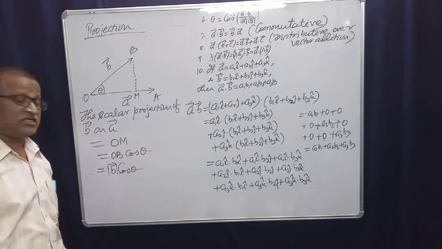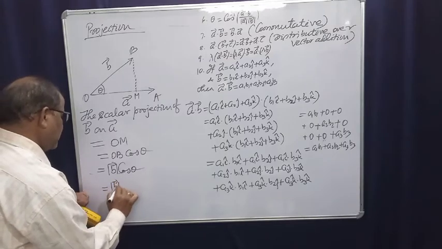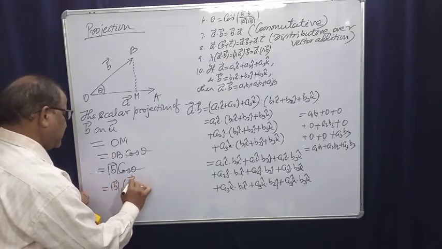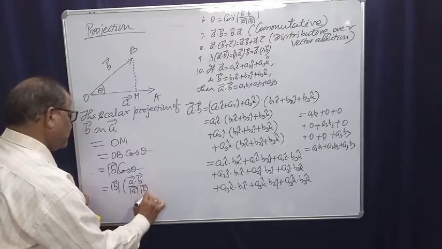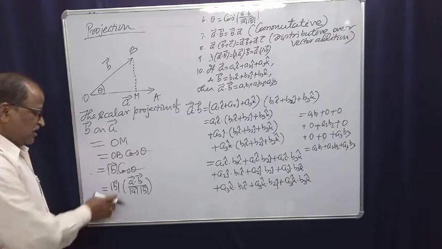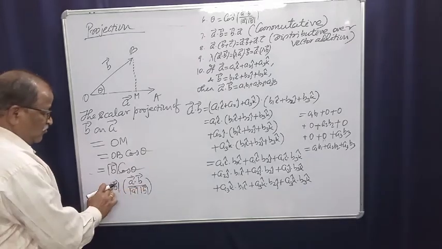But what is cos theta? We have already read it: A dot B by magnitude of A into magnitude of B. Now these are scalar quantities, magnitude of B and magnitude of A, so we can cancel.